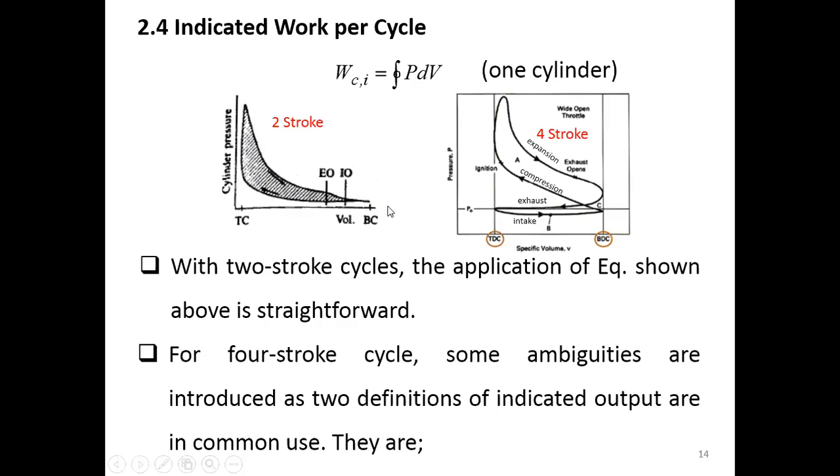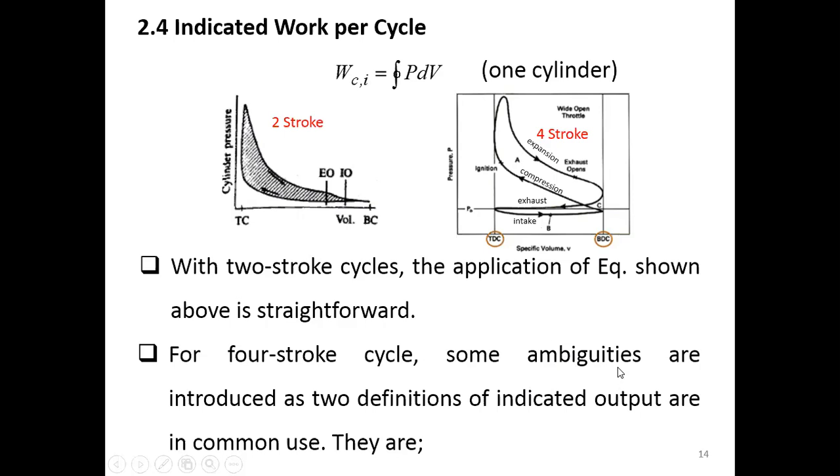And if you remember, we just mentioned earlier, the exhaust valve opens and the inlet valve opens at what? During expansion stroke here, where the exhaust valve opens, that inlet valve opens here. Okay, so the indicated work can be calculated by measuring the enclosed area here. Okay, but for the four-stroke cycles, there is some ambiguity.